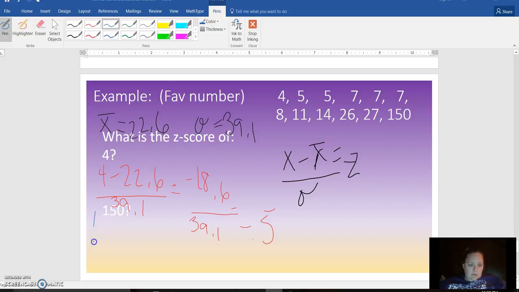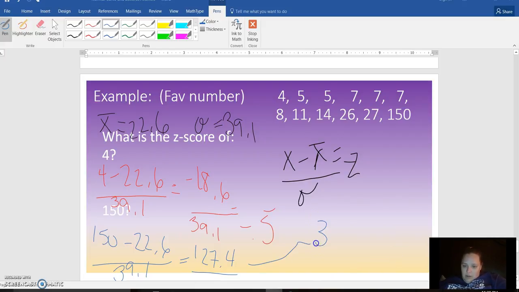Right, 150. 150 minus 22.6 over 39.1. 150 minus 22.6 is 127.4 over that 39.1. We get 3.3.